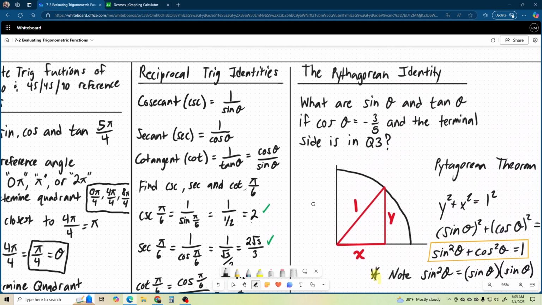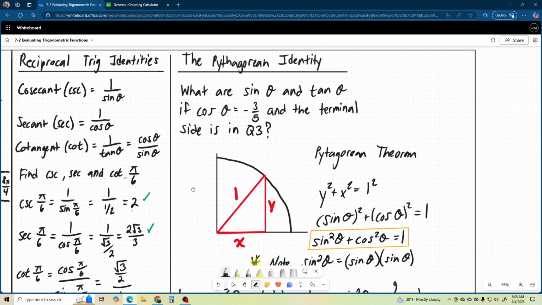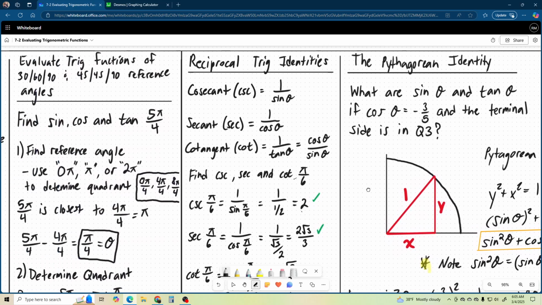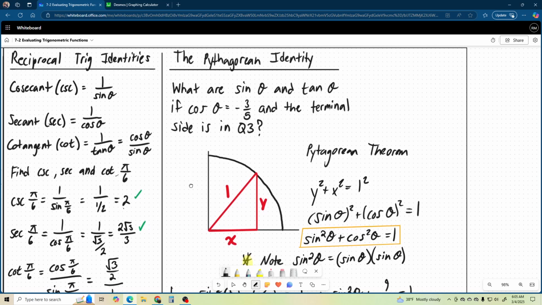All right. So reciprocal trig identities. Now we're jumping into the second half here, and we're going to be talking about things that maybe you've heard of before, maybe you haven't. But essentially every function, sine, cosine, and tangent, has a multiplicative inverse. And of course, the multiplicative inverse just puts whatever we're talking about into the denominator.